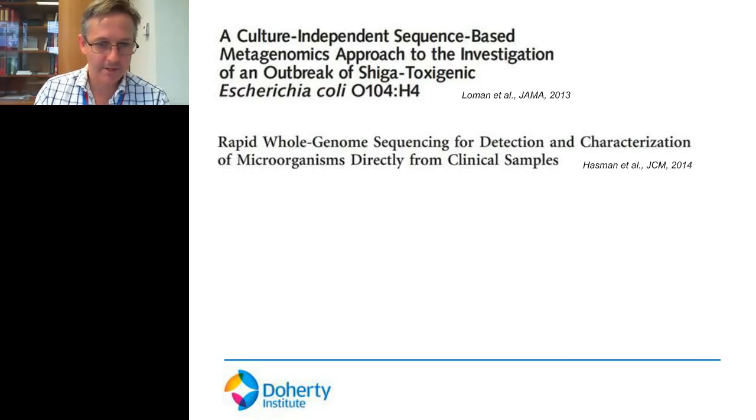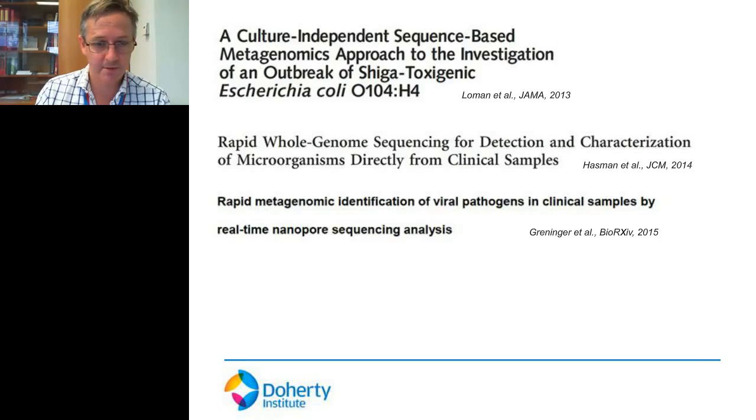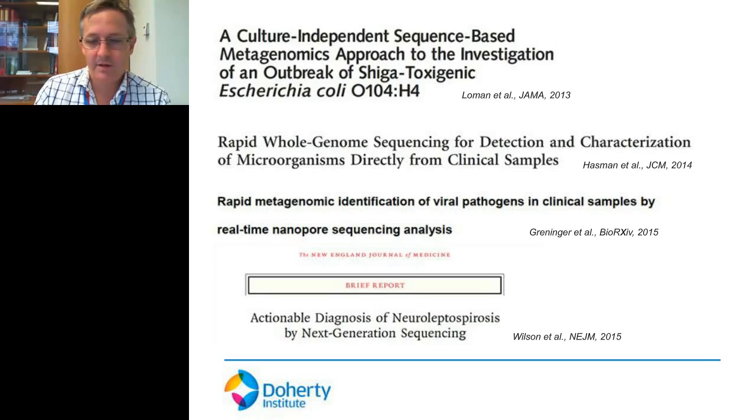And that might be, for example, the direct detection of organisms from clinical samples. And so there are some papers now emerging on this: identification of viral pathogens in clinical samples by real-time sequencing, and even quite a prominent case in the New England Journal of Medicine looking at the diagnosis of neuroleptospirosis by next-gen sequencing on a clinical sample.